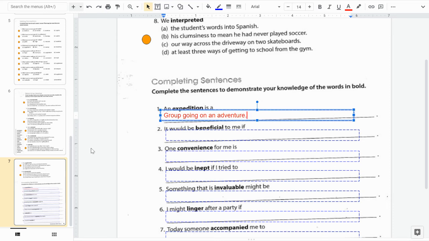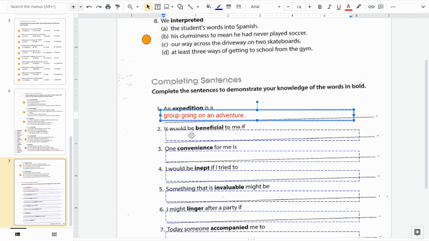So you notice that Google tried to add this capital. I'm not going to deduct points for it because Google did it on purpose even when I didn't. But because it is the continuing of a sentence, it does not have to be a capital letter.